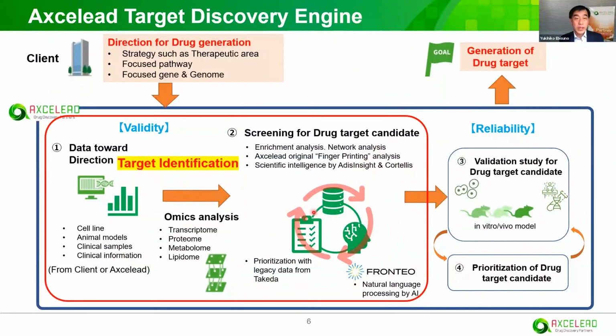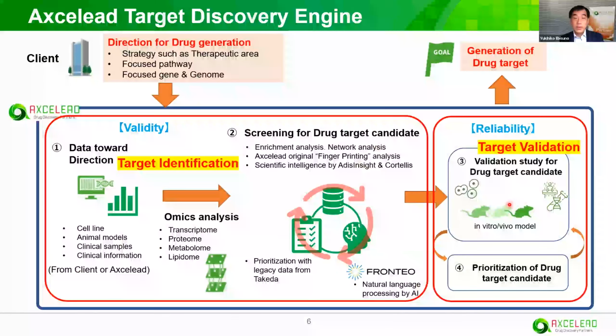So that is target identification. After that, having found the candidate list for the target, we proceed to target validation analysis using in vivo models and prioritization of the drug target candidates.